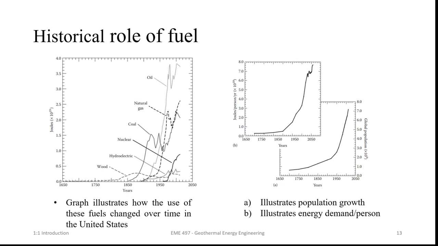Along with oil, natural gas stepped in, and there's an interesting point on this graph, which is that natural gas skyrockets and is expected to actually increase more than coal, and coal is expected to decrease.